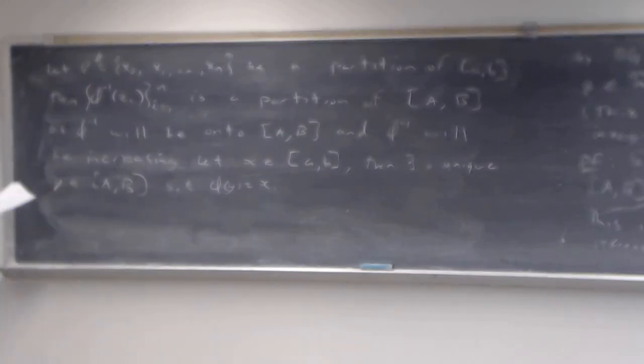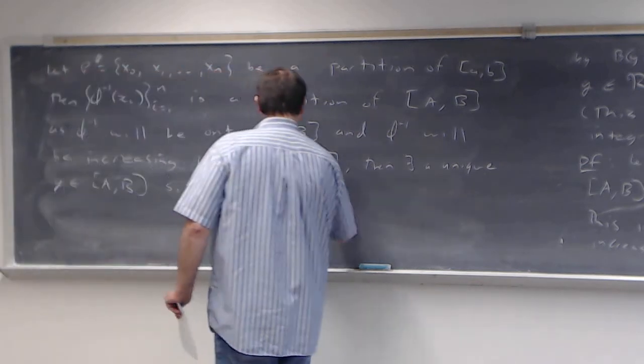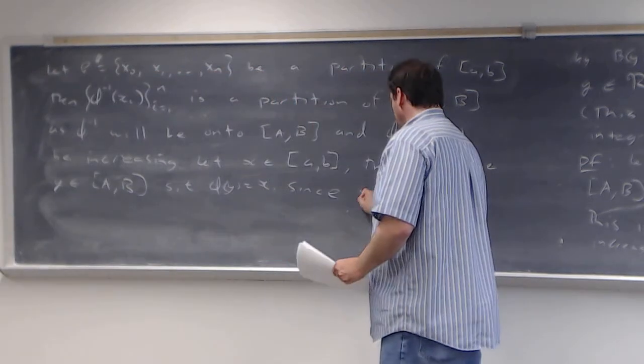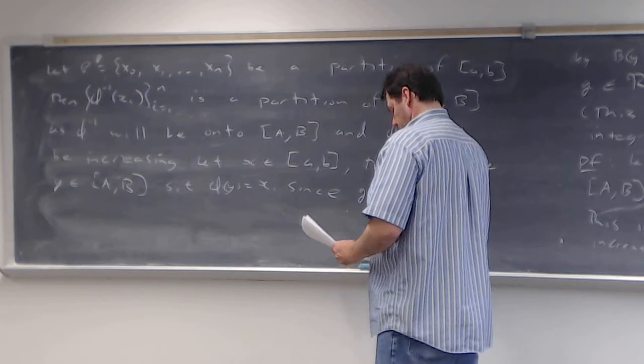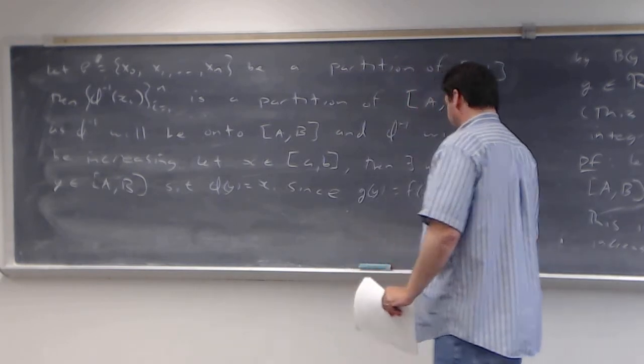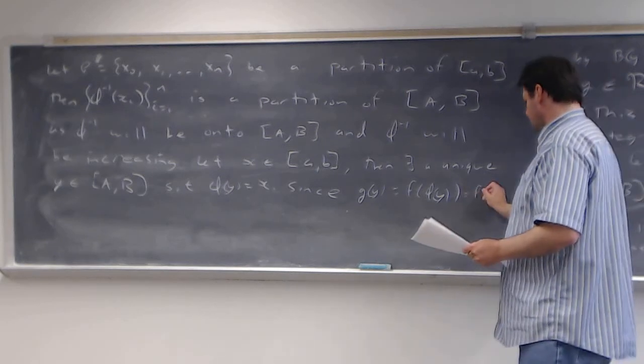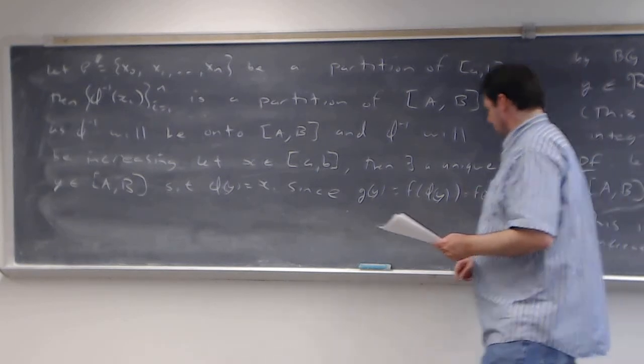That's what we have. Since g of y equals f of phi of y, this was in the definition of g of y, that's going to be equal to f of x.